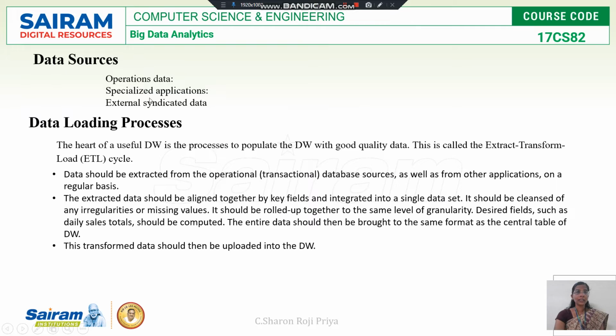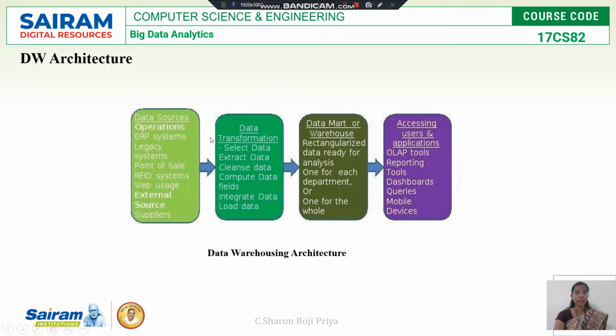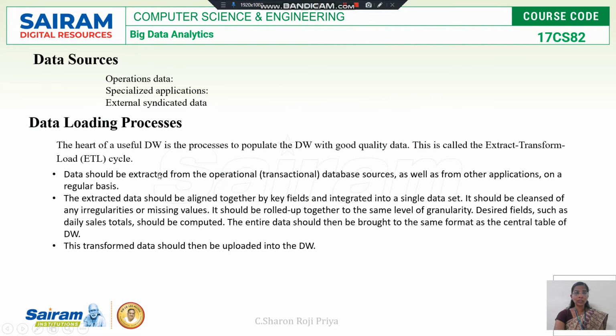Next is specialized applications: supply data from supply chain management, budget data, then point of sale terminal, as it is mentioned here. So these all come under specialized applications. You have to collect data from these areas.